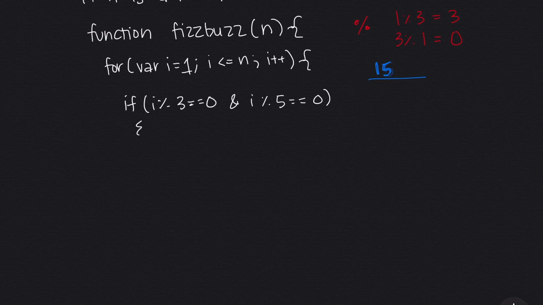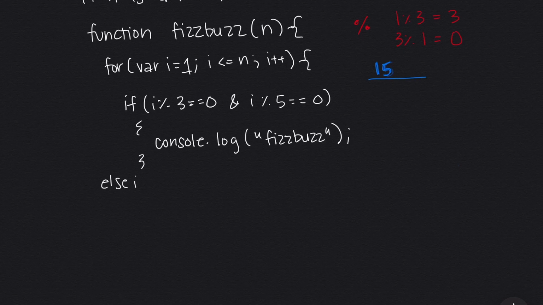Then we want to print, and since we're using JavaScript, we are going to console.log the string "fizzbuzz". Don't forget to put your quotes, otherwise you will get an error that says fizzbuzz is undefined, and you'll be like, what? And then you'll realize that it's trying to print out a variable fizzbuzz, and you don't have that defined because you were trying to put out a string.